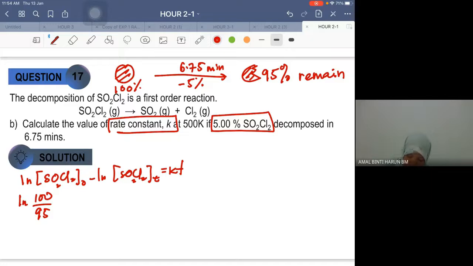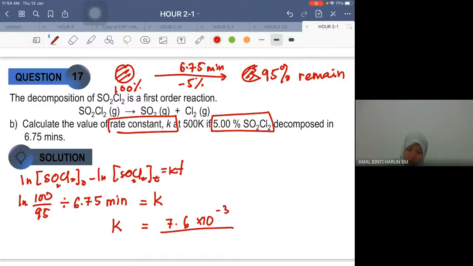Divide by time, 6.75 minit. Tak payah tukar kan sebab kita nak cari K kan. K tak diberi. So kalau kita tak tukar pun tak ada masalah. We just divide by masa lah 6.75 minit. Okay, equal to K. So our K is, tekan calculator, 7.6 eksponen negatif 3.